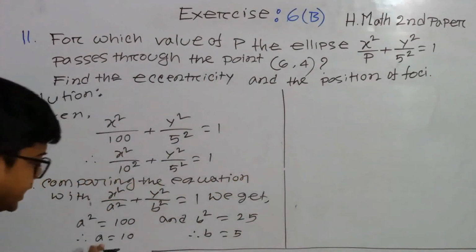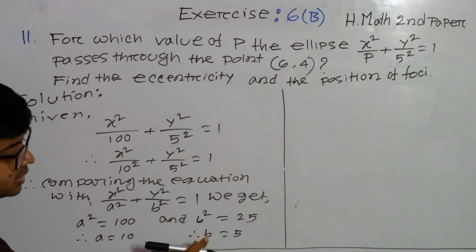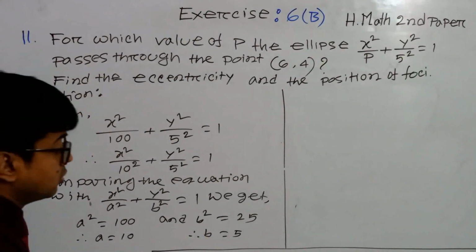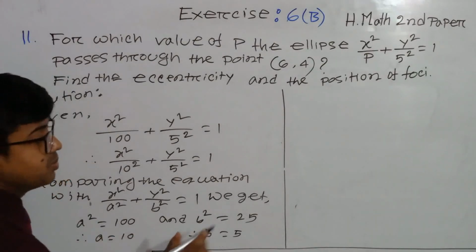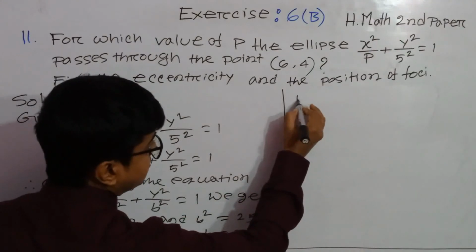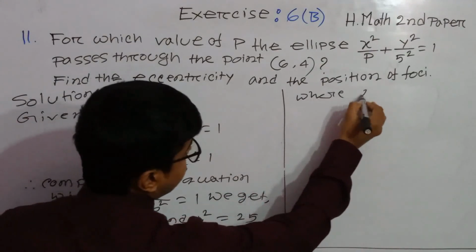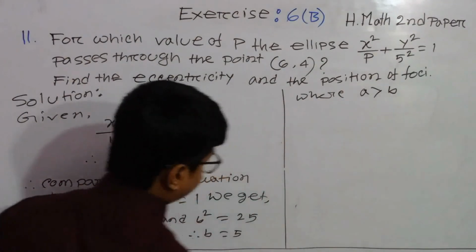Look at this, a equals 10 and b equals 5. So obviously a is greater than b.